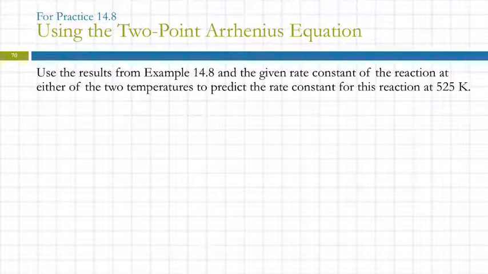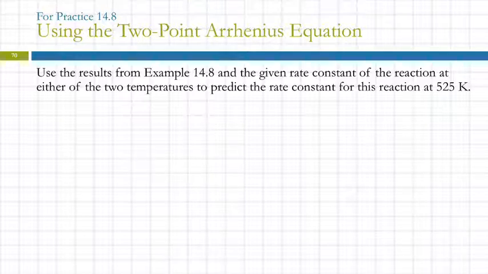So then the next question here: use the results from the previous example and the given rate constant of the reaction at either of the two temperatures to predict the rate constant for this reaction at 525 Kelvin. So in the previous example, we were given rate constants at two different temperatures, and we used that to calculate the activation energy. Now we're trying to find the rate constant at a third temperature.